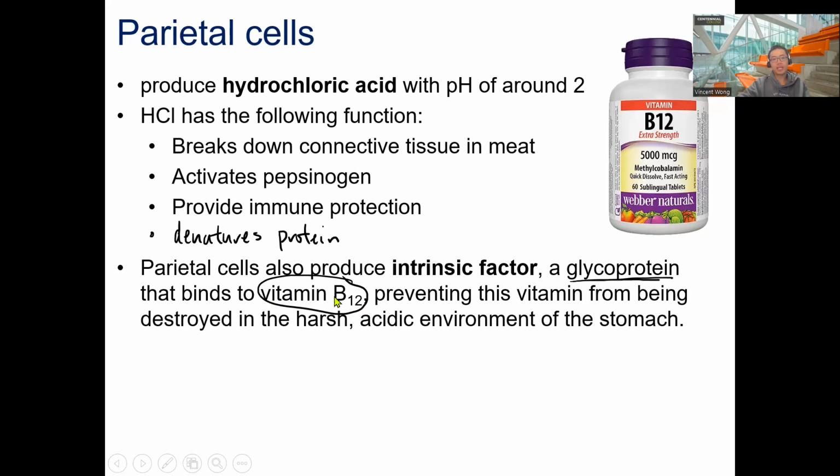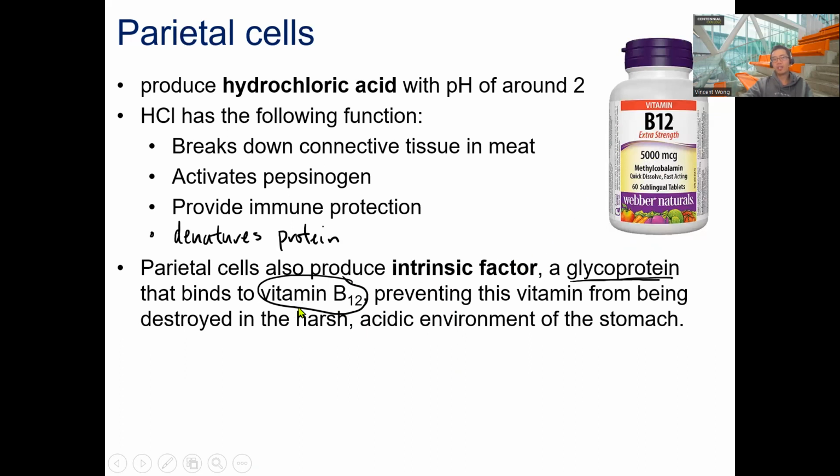Okay, B12 will break down in the hydrochloric acid, and you won't be able to absorb it without the protection from the intrinsic factor. Some people are low in B12 for other reasons, and then they could take a B12 supplement.